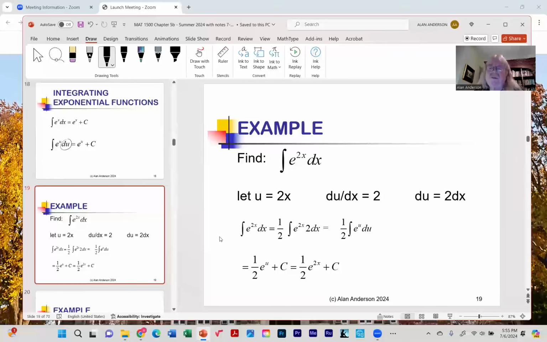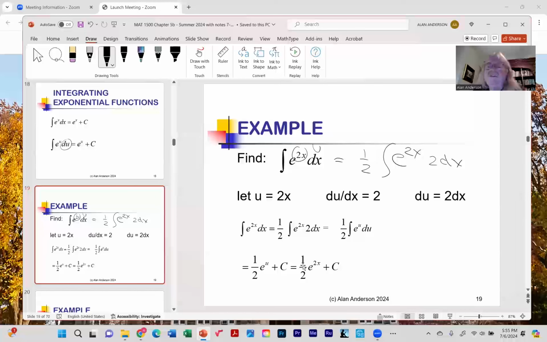Here's a perfect example of this. We have the integral of e to the 2x. Okay, so let's just call this our u. And that being the case, du dx is 2, or du is 2 dx. We don't have 2 dx, do we? Not a problem, because this is the same as this.